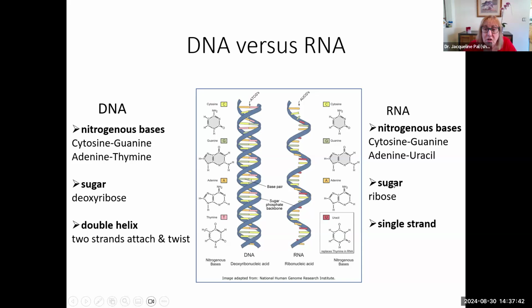And the sugar is different. It's a ribose sugar instead of deoxyribose, and it's only a single strand instead of a double strand. So 3 big differences: uracil instead of thymine, ribose instead of deoxyribose, and single strand instead of a double helix.